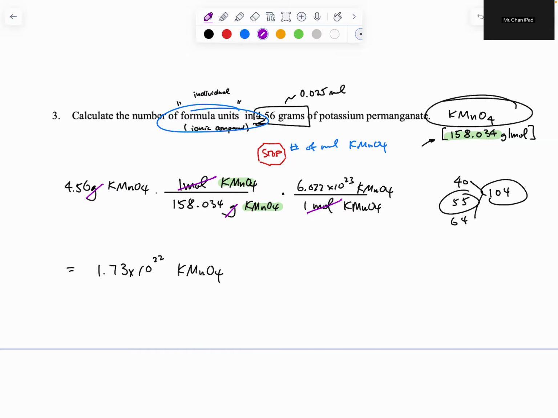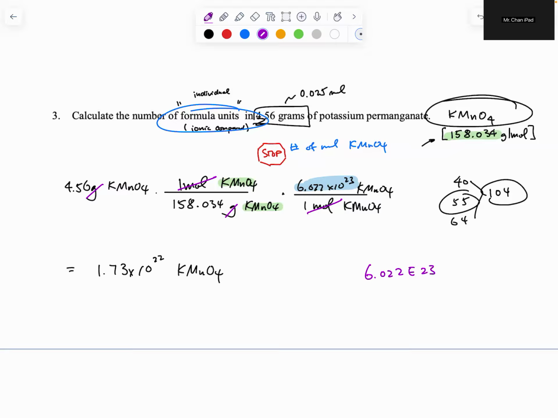Now, one more thing about calculator input. When you input this number right here, the Avogadro's number, I do not recommend students using the parentheses: 6.022 times 10 to the 23rd, close parenthesis, that kind of input. Instead, I would encourage students to do this.